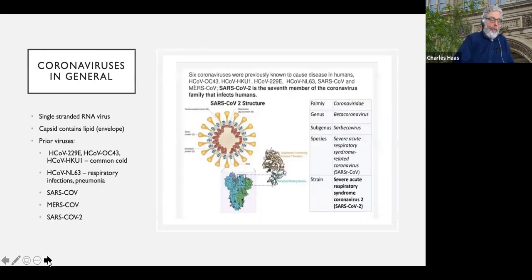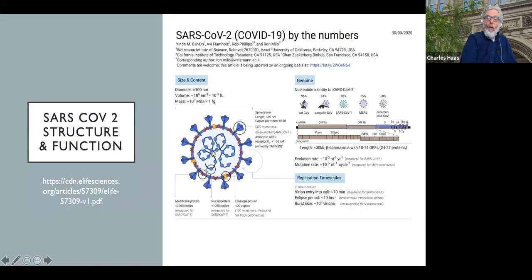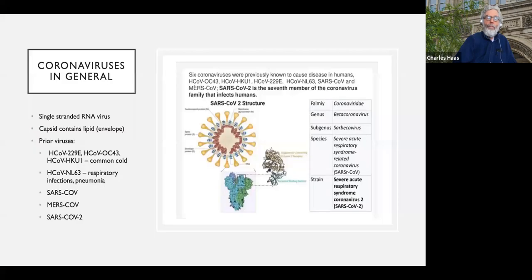In general, coronaviruses are single-stranded RNA viruses. Their capsid contains lipids that help protect them from desiccation. Coronavirus 2 is one of 7 coronaviruses now that have been known to be disease-causing, pathogenic for humans.